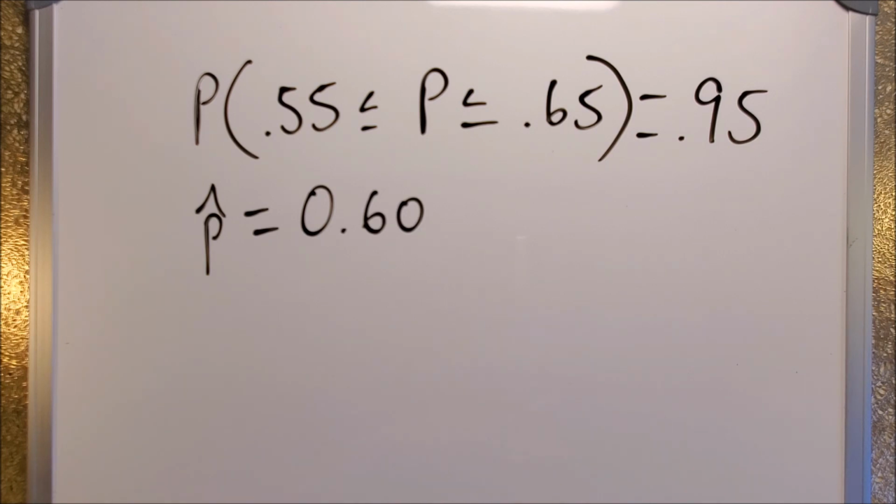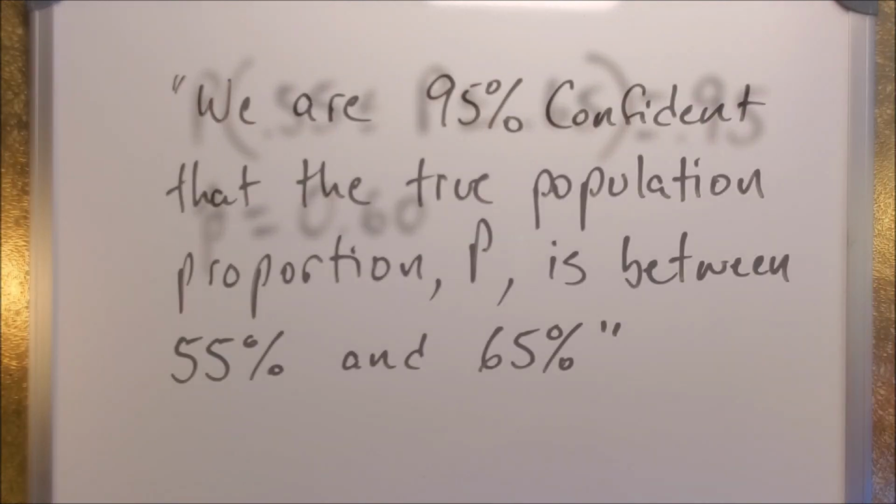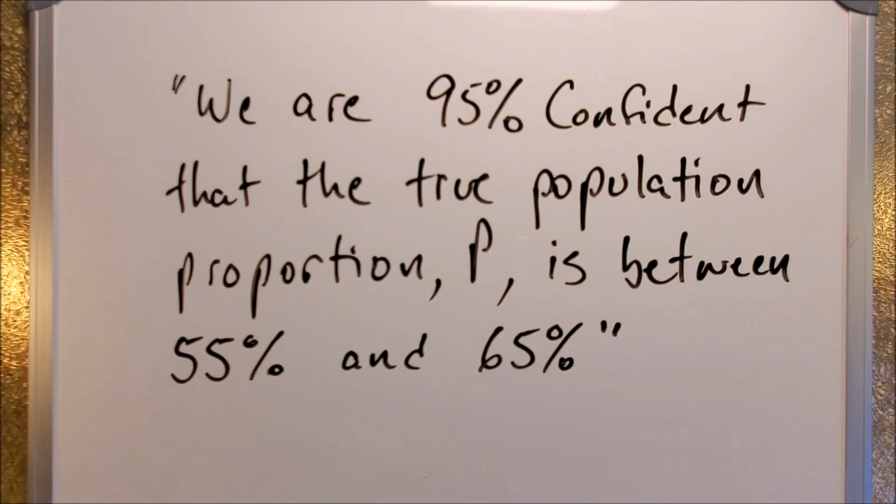I'll show you a different way to express the same thing. I've written something here, and I put it in quotes because this is a standard formulation for the verbal version of a confidence interval. In a lot of stat textbooks or research in general, they're going to use either this formulation or something that's really close to it.